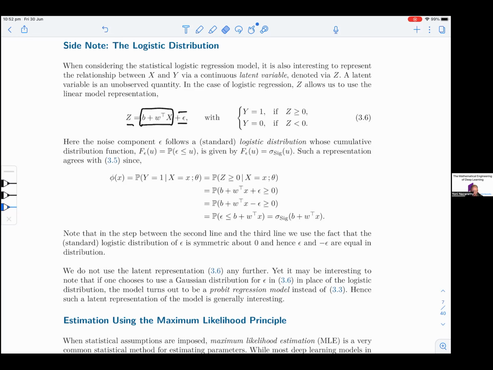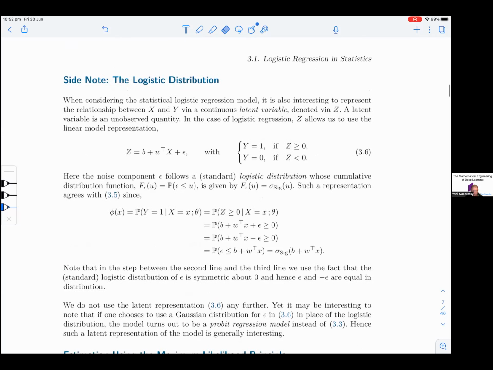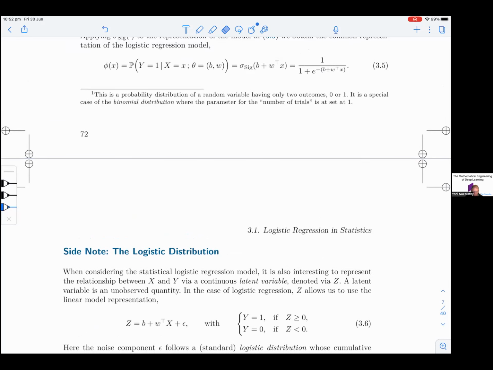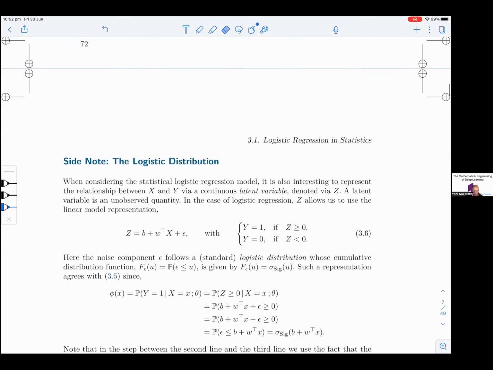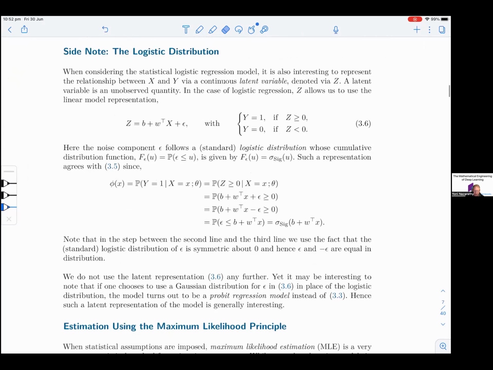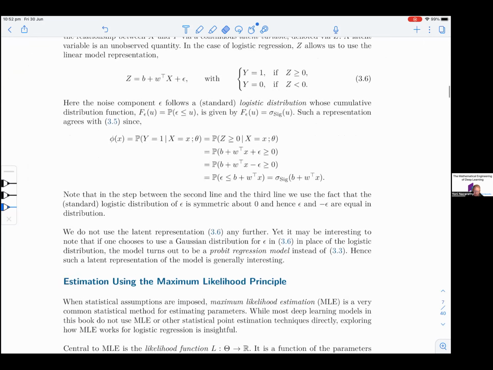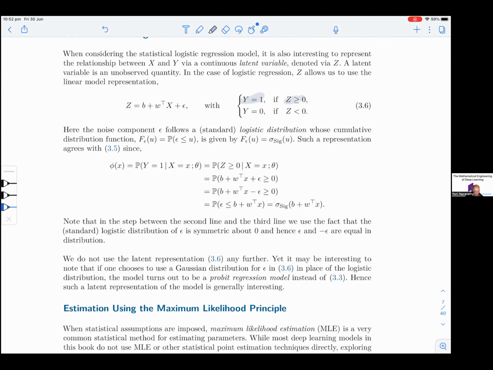If we use this latent variable representation, it agrees with the basic definition, 3.5 up here. Since phi of x is the probability of y being 1 given x, and y is going to be 1 according to this representation if and only if z is greater than or equal to 0. z being greater than or equal to 0 is this expression being greater than or equal to 0.